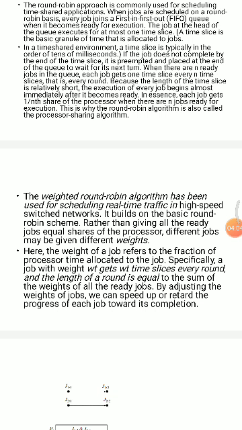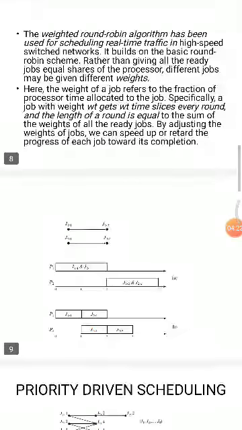Specifically, a job with weight wt gets wt time slices every round, and the length of the round is equal to the sum of the weights of all the ready jobs. By adjusting the weights of jobs, we can speed up or retard the progress of each job toward its completion.